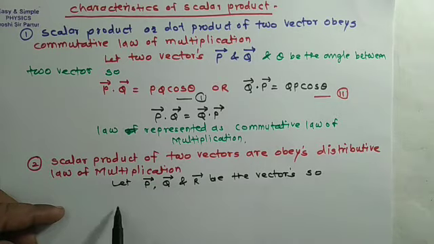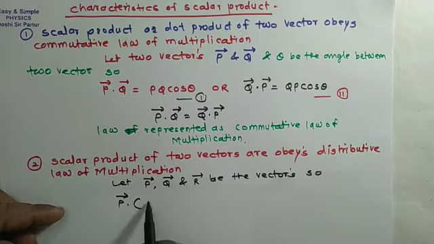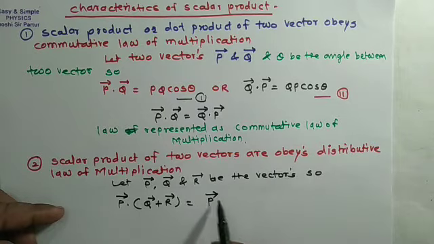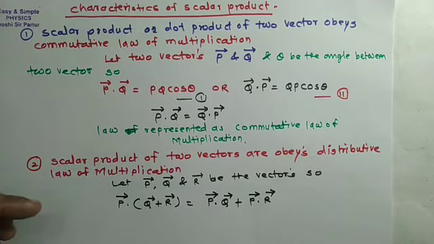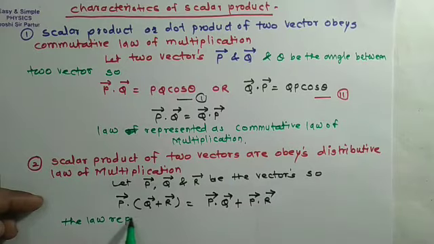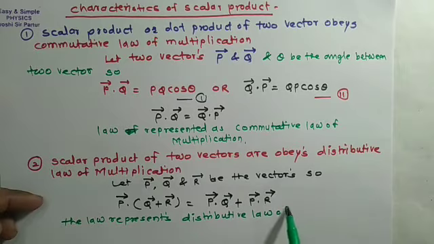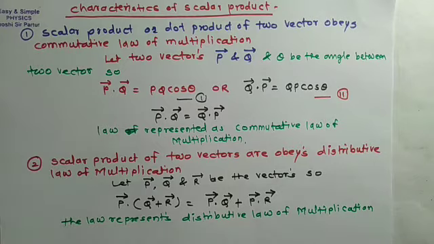So vector P dot, vector Q plus vector R, is equal to vector P dot vector Q plus vector P dot vector R. This law represents the distributive law of multiplication. That is the second characteristic.